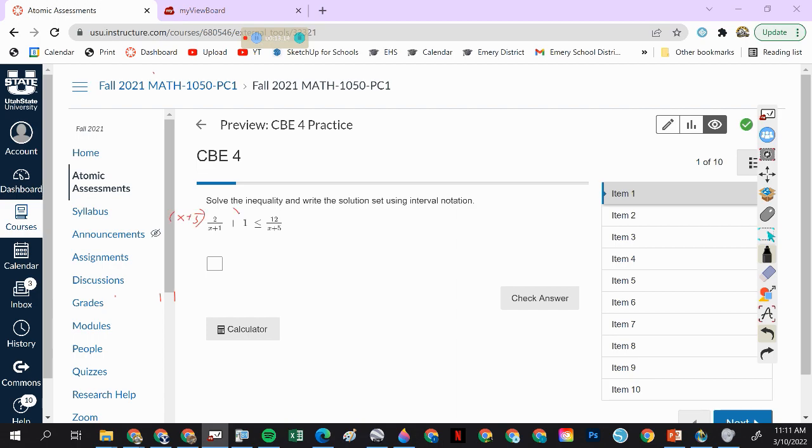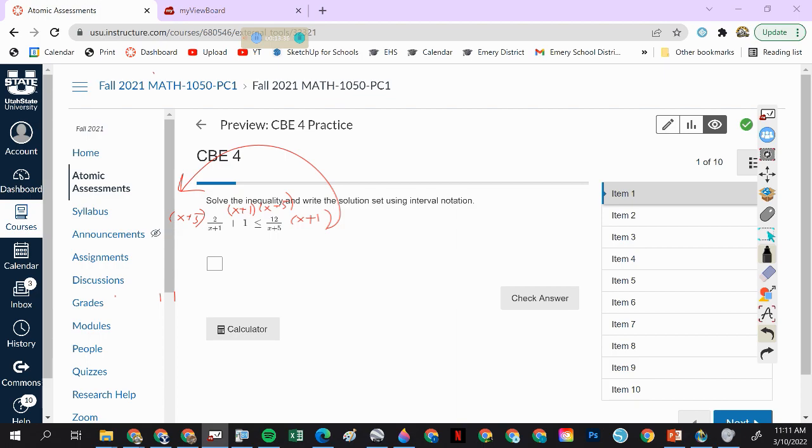This one needs x plus 1 and x plus 5. And this one needs an x plus 1. And then when it's done, I need to move it to the other side, so I have a 0. Okay? Does it matter which side you move it to? No. It just will be above the x-axis or below the x-axis.